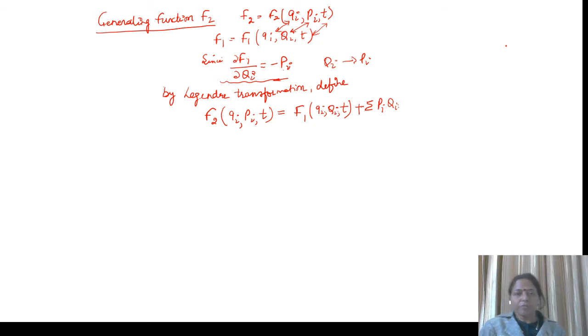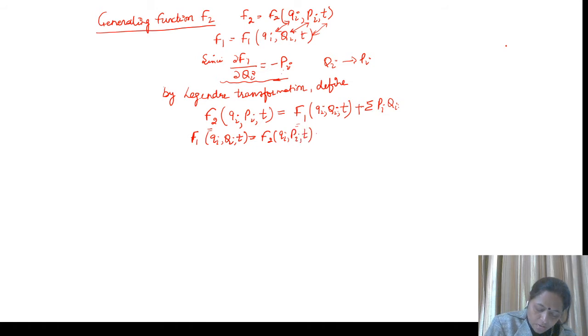Legendre transformation provides a function f2. f2 is defined with the help of f1 in this equation, combination of Pi and Qi. So from here you can very well find f1 of qi, Qi, time is f2 of qi, Pi, time minus summation Pi Qi.